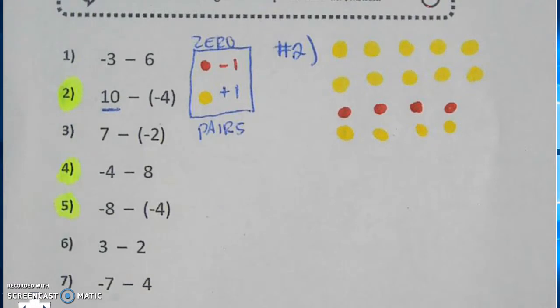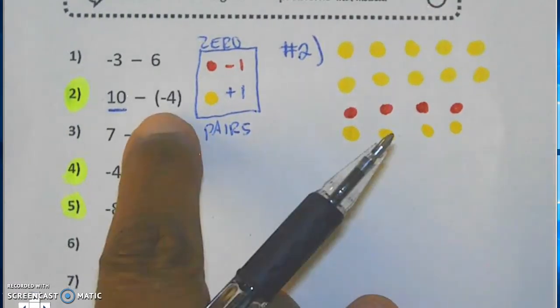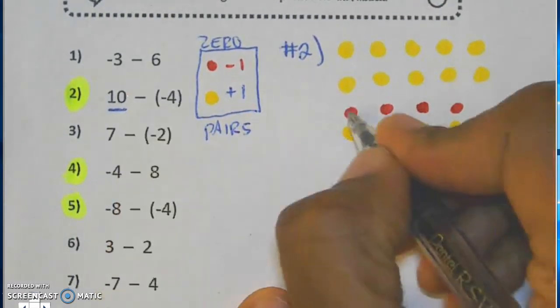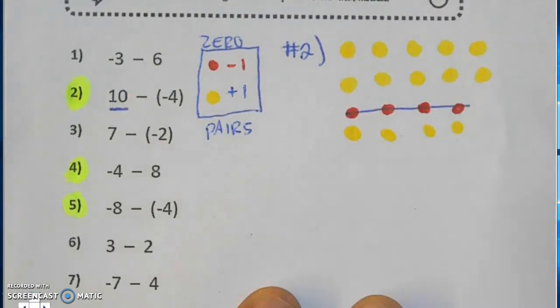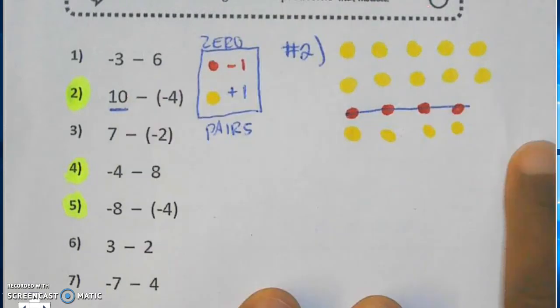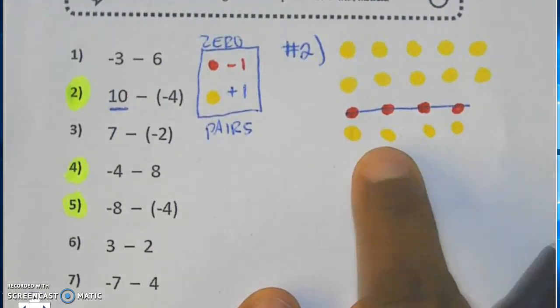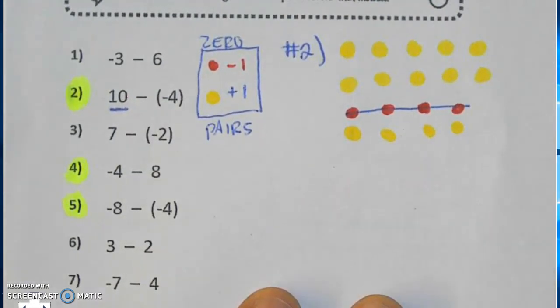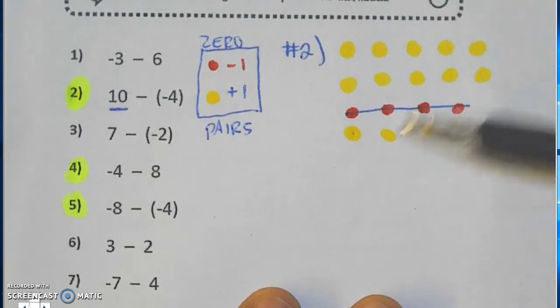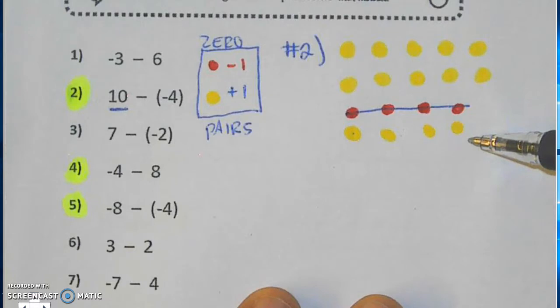I can separate my 0 pairs and subtract my 4 that I need. So I'm going to take out this negative 4. Once I remove my negative 4, I can count up everything I have left because now these yellows can be seen. They're separate. They're not with the 0 reds. 10, 11, 12, 13, 14.